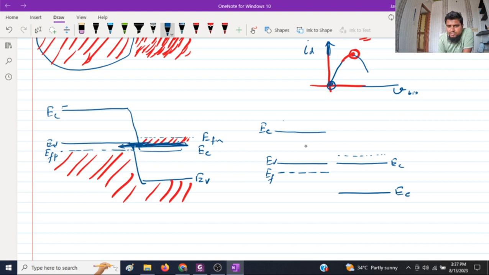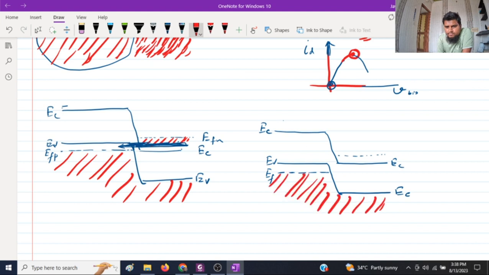Now in this situation, you see all these energy states are filled with electrons.